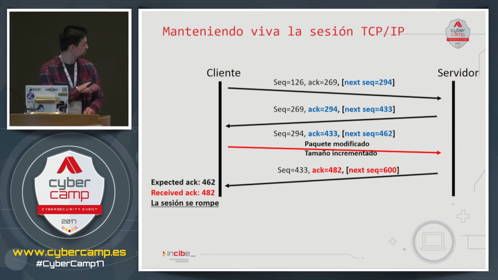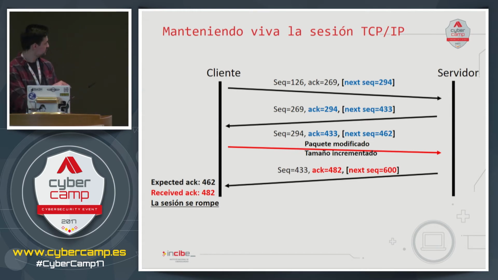The acknowledgement here took this one and did a series of operations with the length of this package to estimate this one. This one is based on the length of this previous package. It knows that the next sequence number is the one that was here, because it gets the acknowledgement, transforms it into a sequence number, because it knew the length of this package, and it anticipates the number.